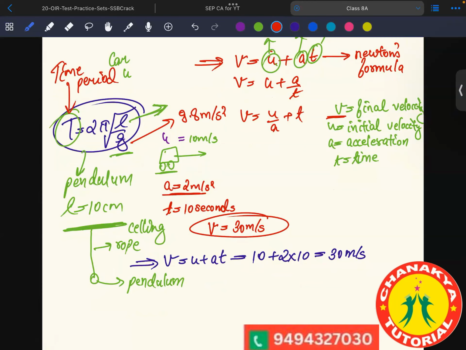We have seen this time period in sound also. In sound also we discussed the significance of time period, what time period gives us. Do you remember, Harshit? It's okay if you don't remember, we will see it.